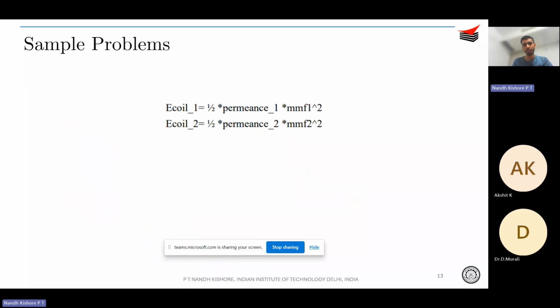Or as is given in the problem, instead of half Li square, E coil can be written as half into permeance into MMF square. This is another way of writing.